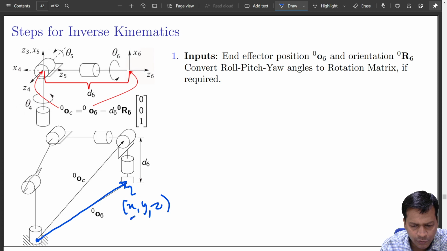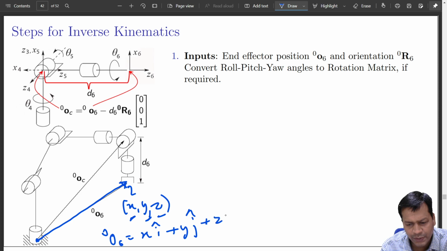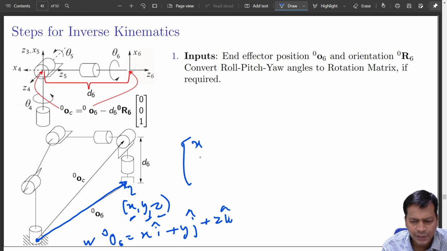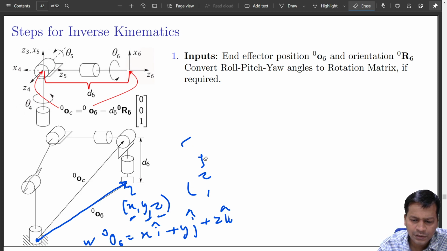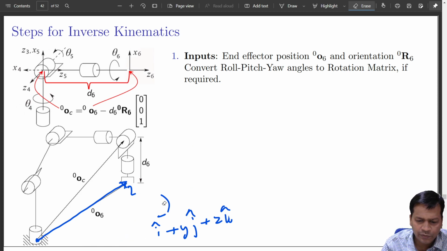You already know x, y, z, that means O6 will be equal to xi plus yj plus zk. So this is your position vector. You can quickly write it as x, y, z, 1 in matrix form. So that is what is known.